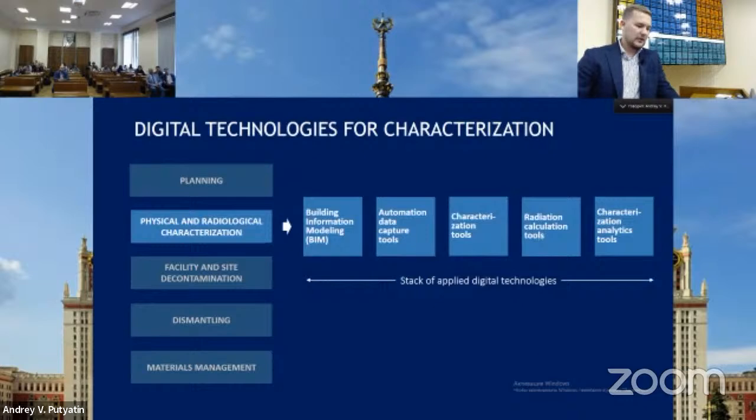A BIM model is a multi-purpose digital environment that contains structured engineering data and enables development and application of different additional specialized tools for characterization process, radiation calculations, and general analytics. Another important technology is automated data capture tools that are used for high performance, high accuracy physical and radiological characterization.